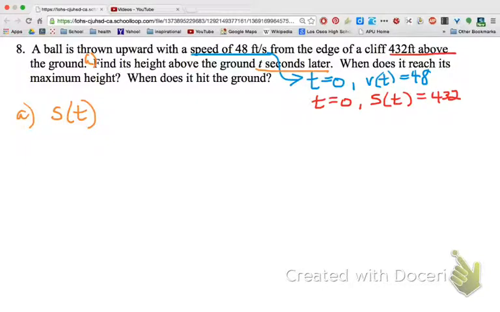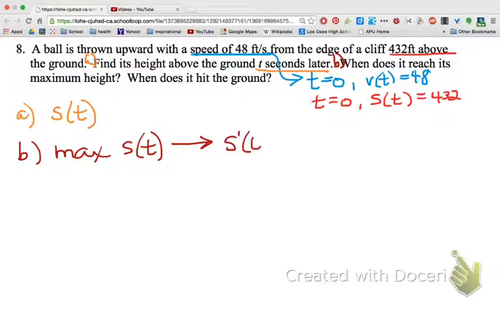And then the next question it asked me is, when does it meet its maximum height? So let's see, maximum height, that would have to do again with position. How can I get maximum position? Ooh, I know. If I know the position formula, to get the max, I would take the first derivative and set it equal to 0.